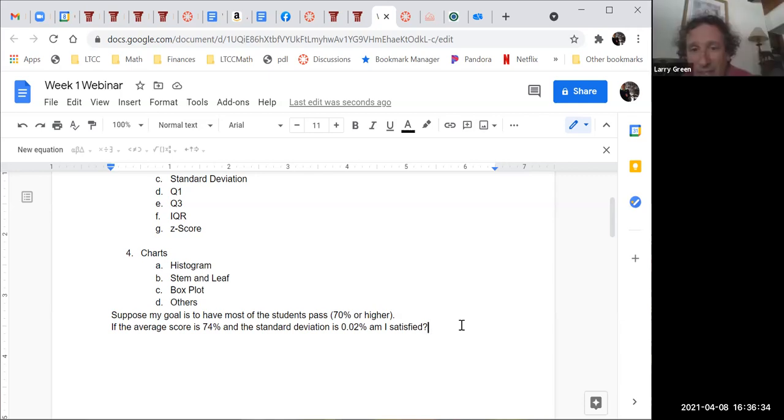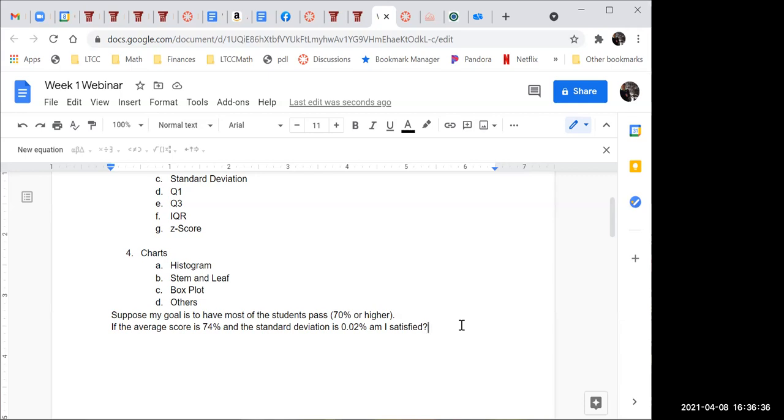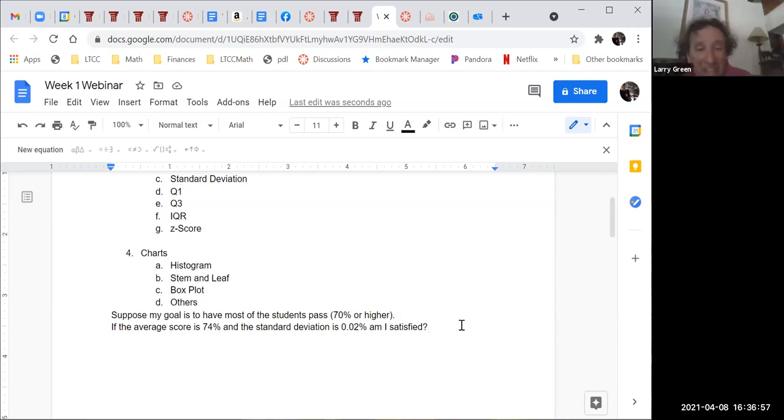Because with a standard deviation of 0.02%, it still fits within that range. So the scores would be 0.02% above or below 74%, which is still within the range of passing. Right. And in fact, I'm going to go 2 standard deviations.